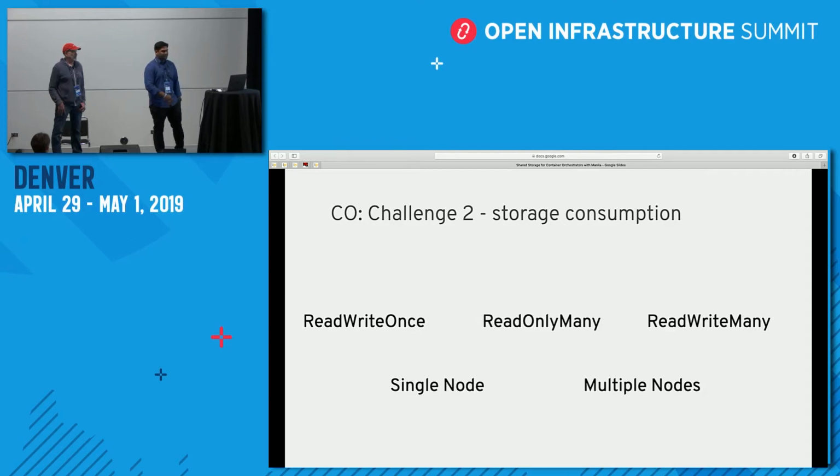So some of these primitives, you would have seen them around in popular COs: read-write once, read-only many, read-write many, single node architectures for all of these, multi-node architectures for all of these. And the node here is an abstract concept that belongs to each of these container orchestrators themselves.